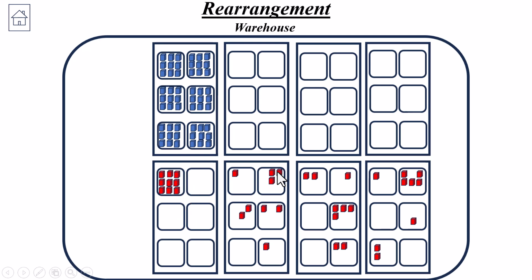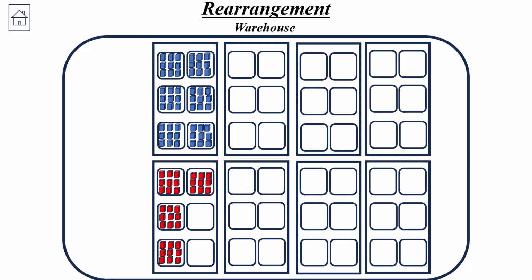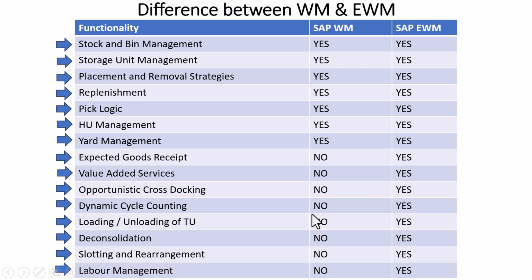Now you can see bin by bin rearrangement is there. This kind of feature is available in SAP EWM, but when it comes to SAP WM, slotting and rearrangement are not available.